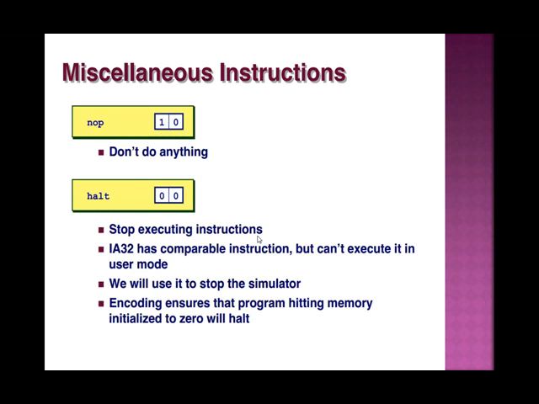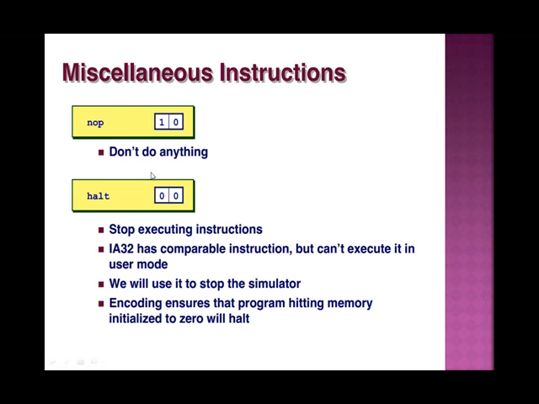The next point says IA32 has a comparable instruction but cannot execute it in user mode. So it has the same instruction, halt, but it will not execute in user mode. The next point says we will use it to stop the simulator. That is, halt is used to stop the simulator. A simulator is a device that is used to simulate.